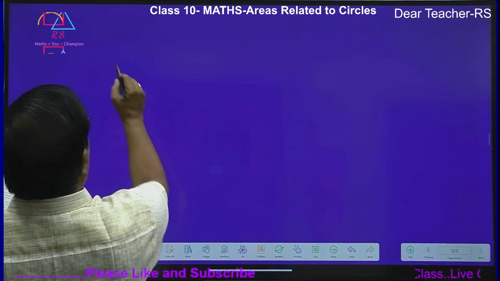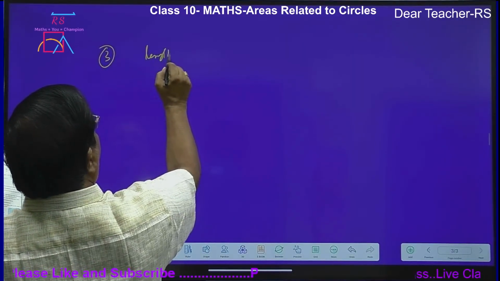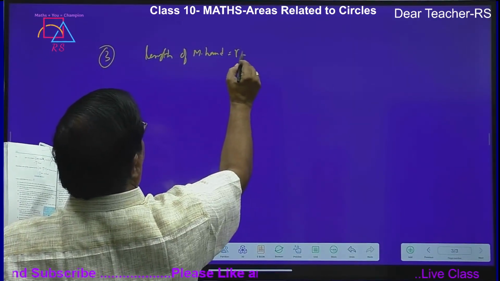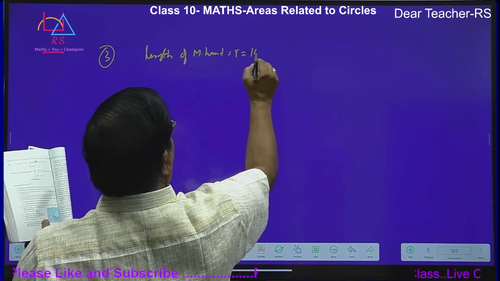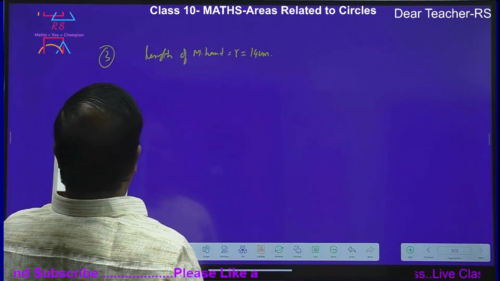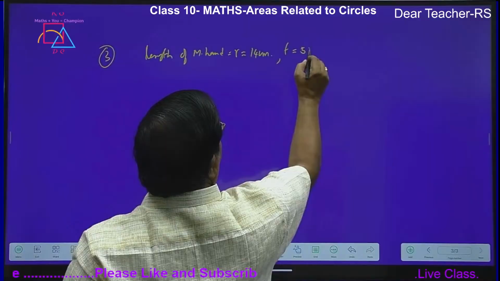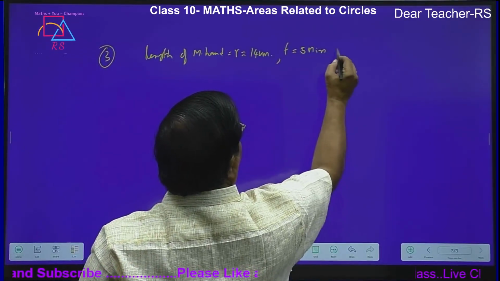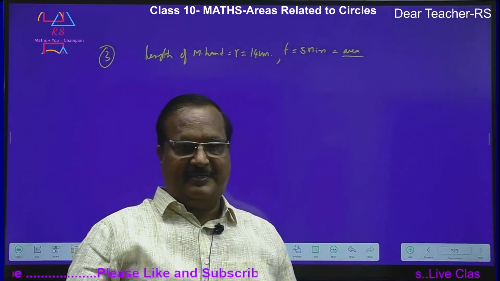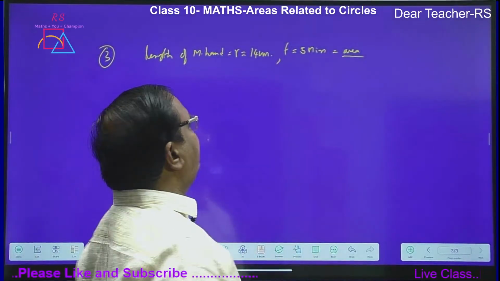So question number 3: the length of the minute hand, which is equal to the radius, is 14 centimeter, and find the area swept by the minute hand in 5 minutes. So time is 5 minutes. This is the question, and let us solve it.